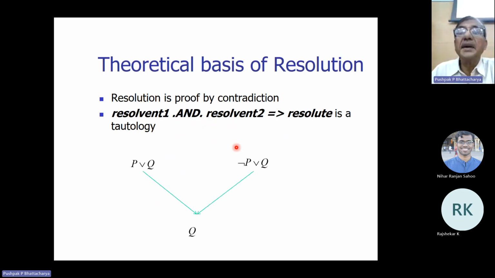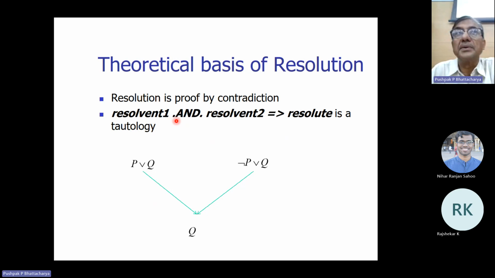Now, what is the theoretical basis of resolution? Okay, why does resolution work? It is based on the following principle. Resolvent 1 and resolvent 2 implies resolvent. So that is a tautology.